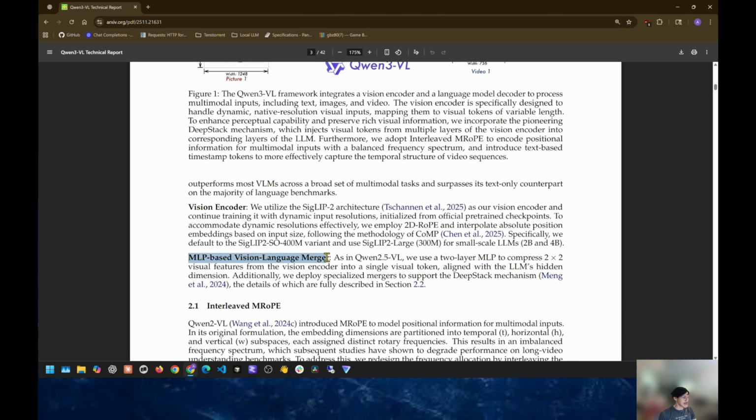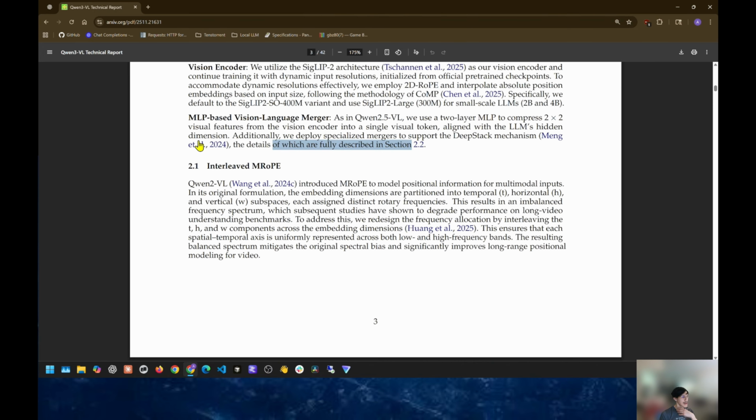MLP-based vision language merger, as in Qwen 2.5 VL. We use a 2-layer MLP to compress 2x2 visual features from the vision encoder into a single visual token, aligned with the LLM's hidden dimension. Additionally, we deployed specialized mergers to support the DeepStack mechanism, and the details are fully described in section 2.2.